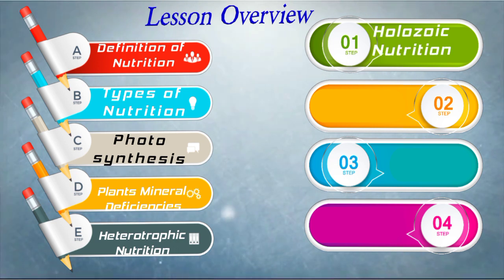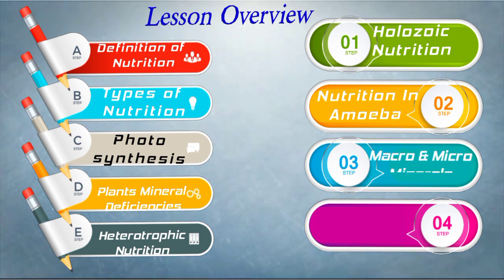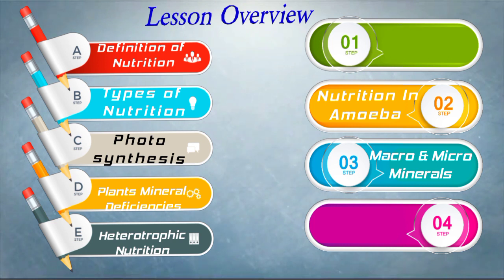Then we will look at holozoic nutrition in single-cell organisms, e.g. amoeba. Then lastly, we will look at macro and micro mineral element requirements by living cells.